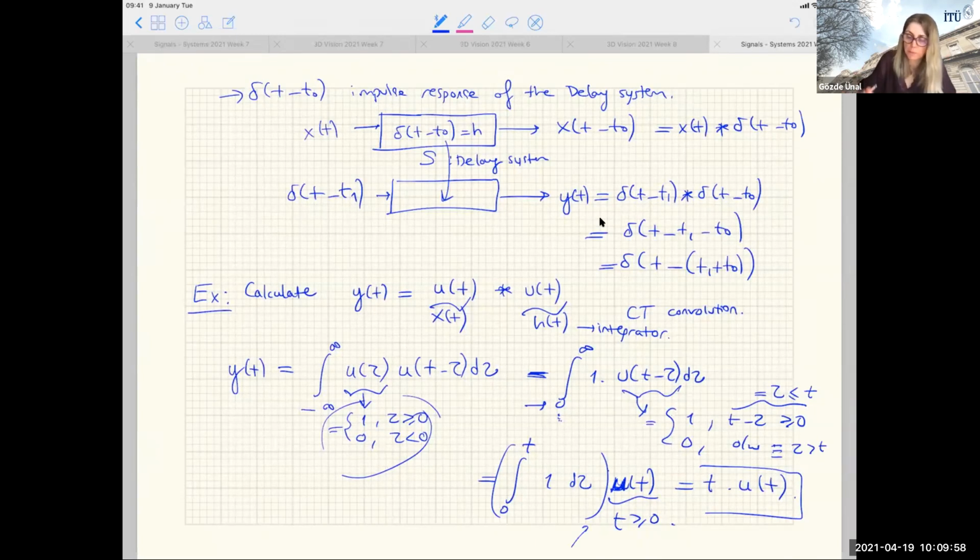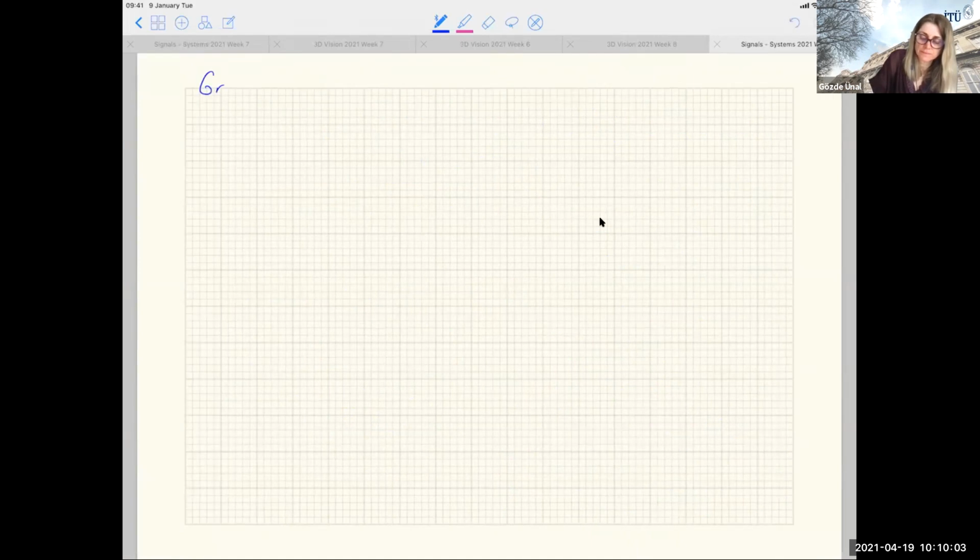So guys, let me do the graphical method. Okay. Again, let's use this example, u of t. Let's carry out this convolution.